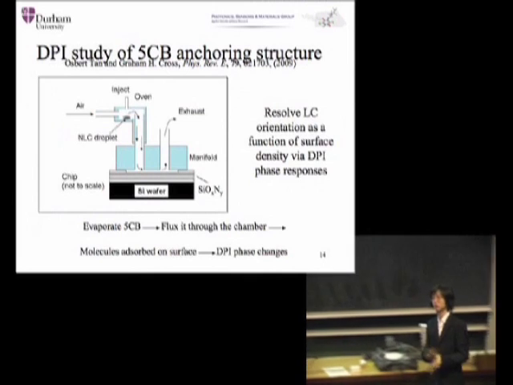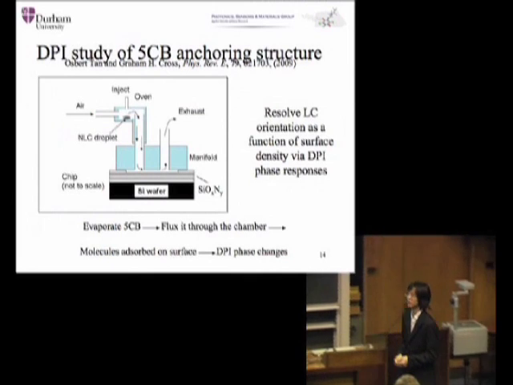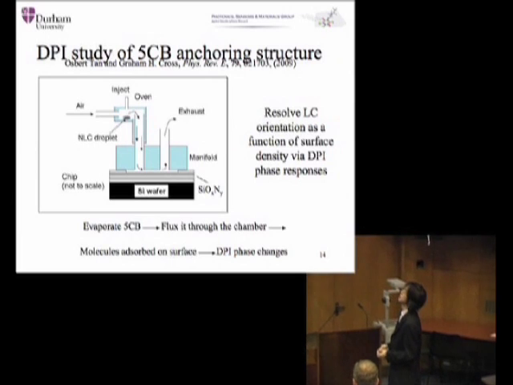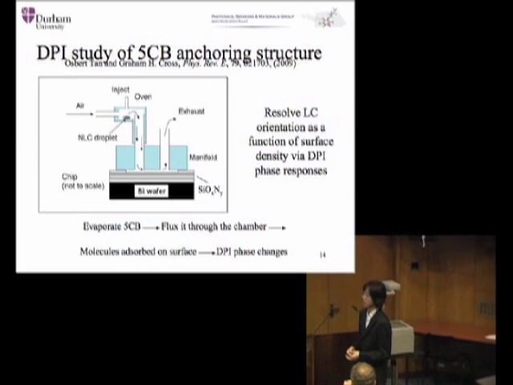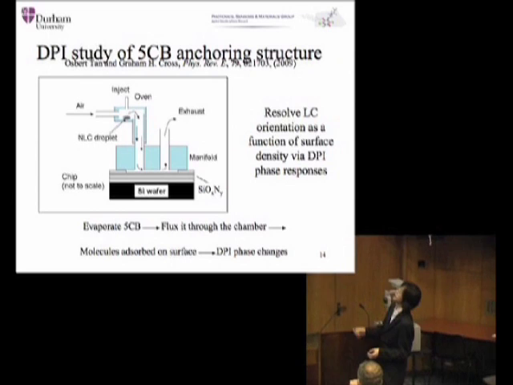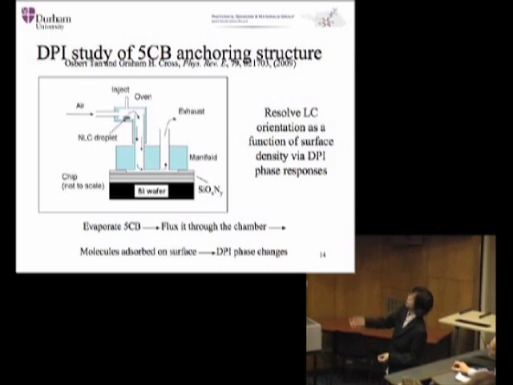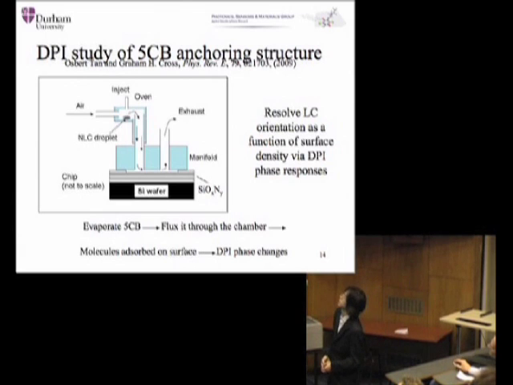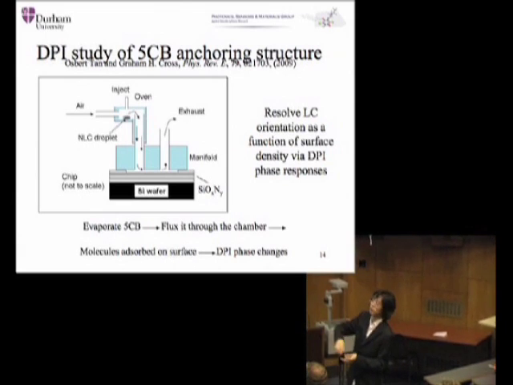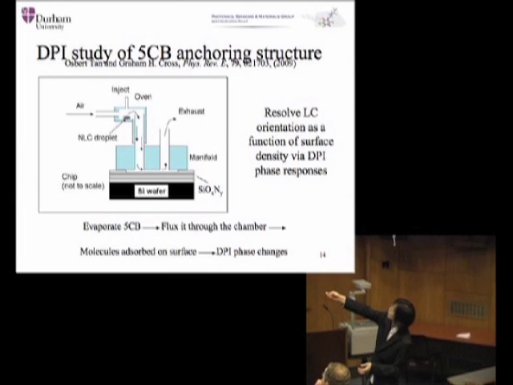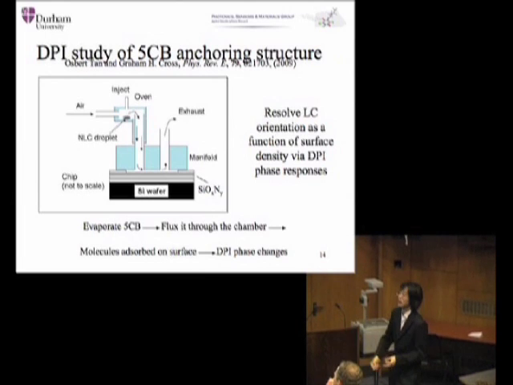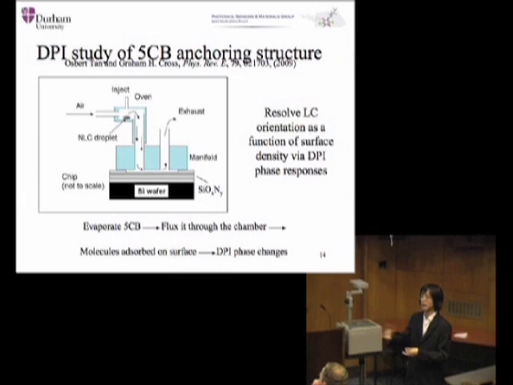So just bearing in mind all of the introductions I gave for the basics of the DPI, I'm going to talk about the DPI study for the 5CB anchoring structures. And this is our experimental setup. I'm going to inject the 5CB molecules into these thermal evaporators, and we'll heat it up to 90 degrees.